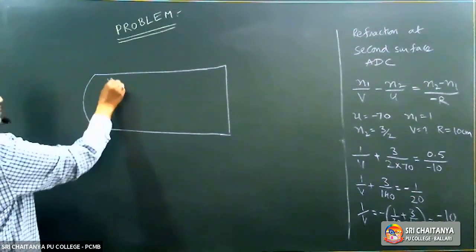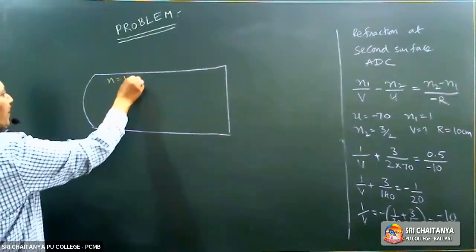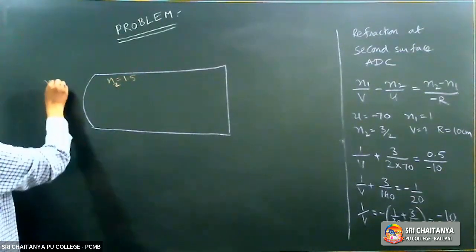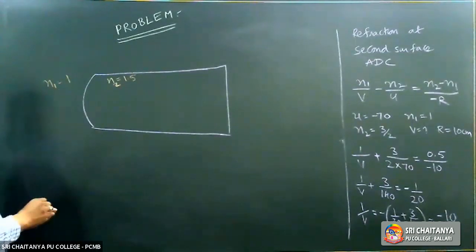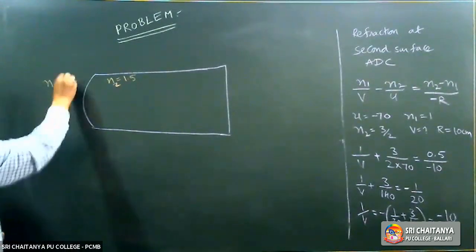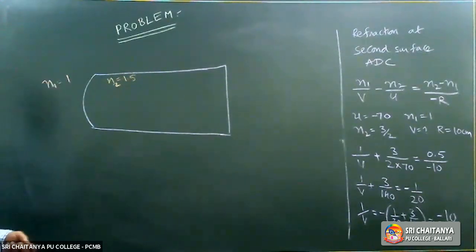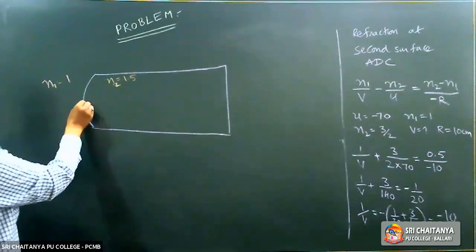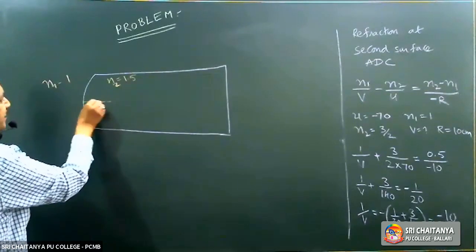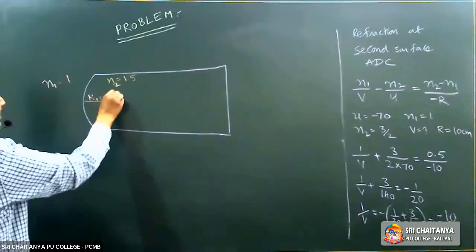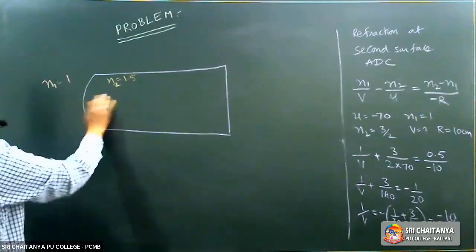So N value 1.5 or N2. Here N1, 1, refractive index of air. Radius of curvature of this spherical surface, 10 centimeters. As usual, I will take the same data.